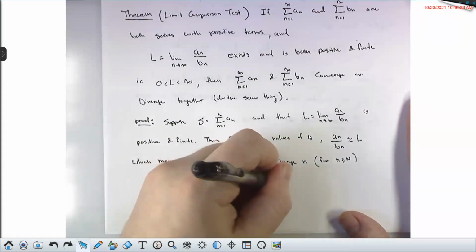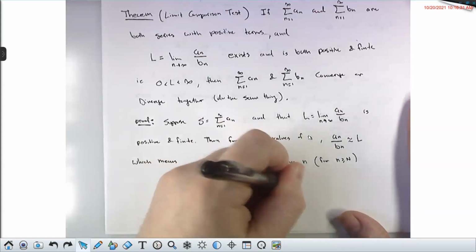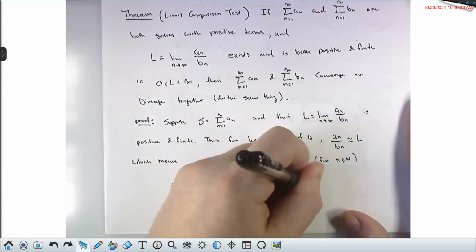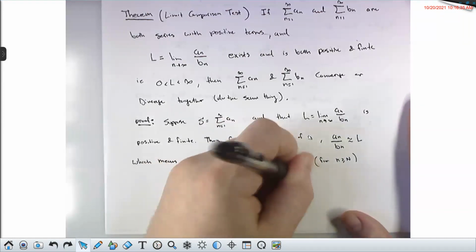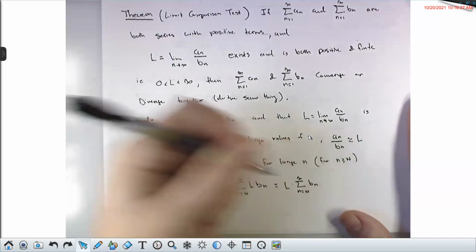Which would be the same as, since L is a constant, L times the sum from n equals capital N to infinity of bn.